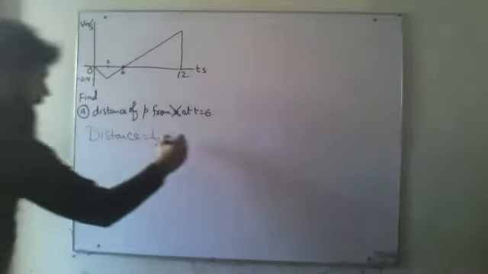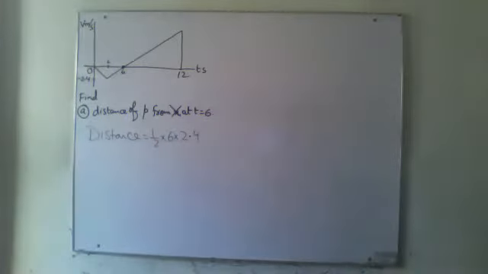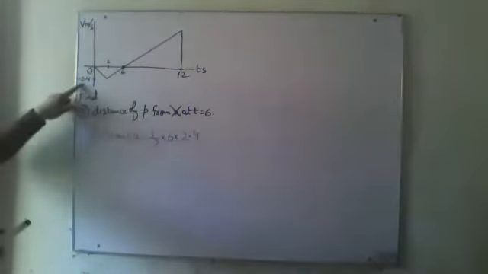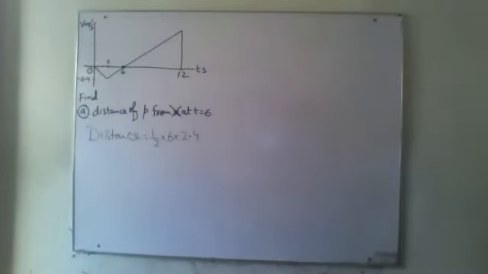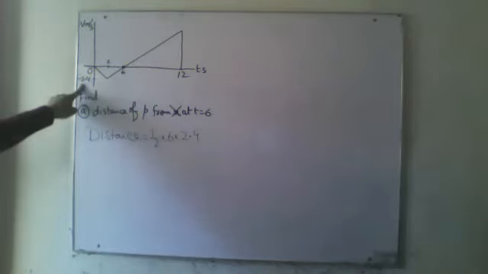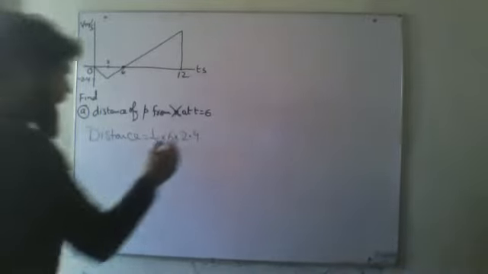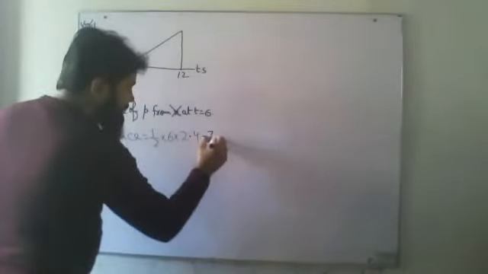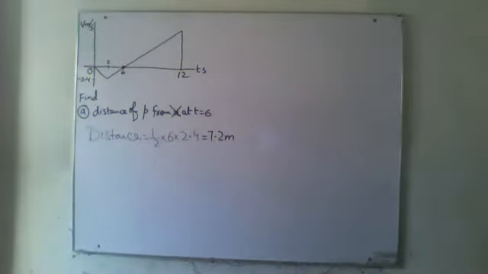You will take the height as 2.4, because the negative sign is only representing the direction of the body. When I simplify this, my answer is coming 7.2 meters.